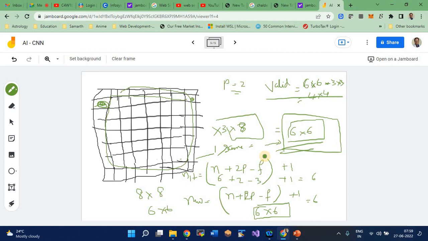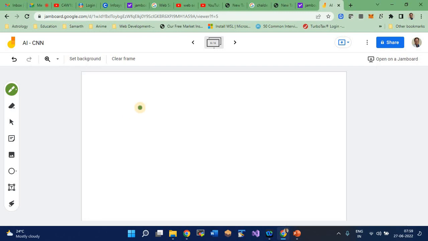So to get a same convolved image, the function we started with was n plus 2p minus f plus 1 is equal to n, right?